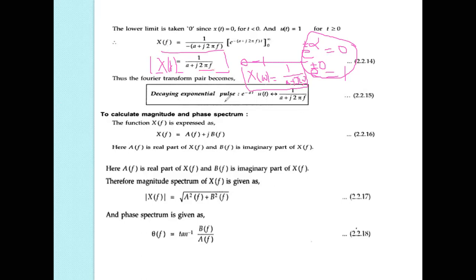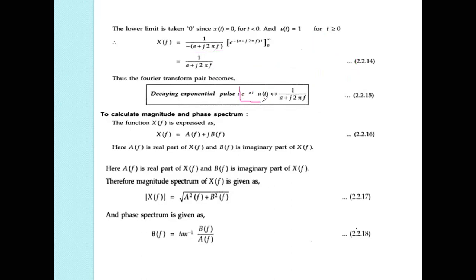For the decaying exponential pulse e power minus at u of t, the Fourier transformation is 1 by a plus j 2 pi f, or 1 by a plus j omega in angular frequency.